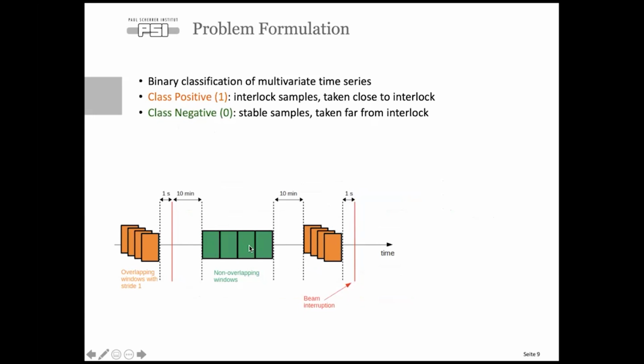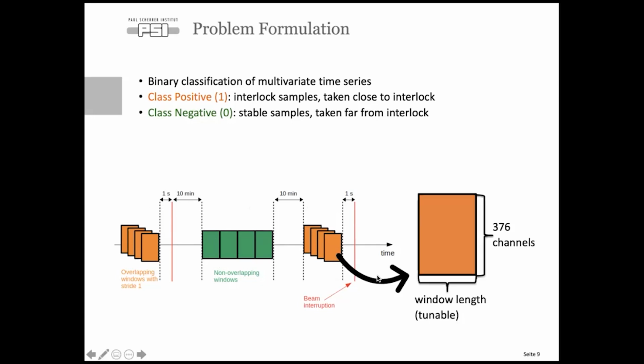And the green ones are the negative class, which are the stable samples that are taken far away from the interlock. And this 10 minutes is a buffer region between two adjacent interlocks to make sure that our stable windows are really inside a stable region.